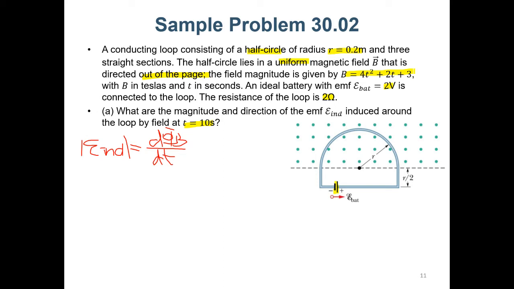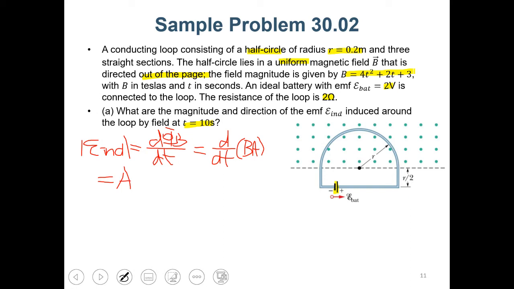We can just consider the magnitude and then consider the direction by Lenz's law. So this is d/dt of B times A, and for this case A should be a constant, and then we have dB/dt, as B is a function of time.